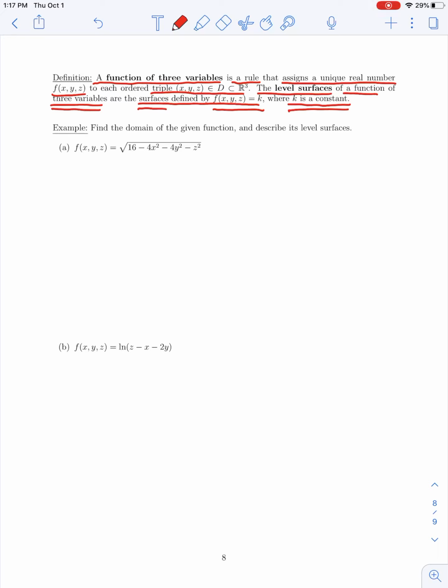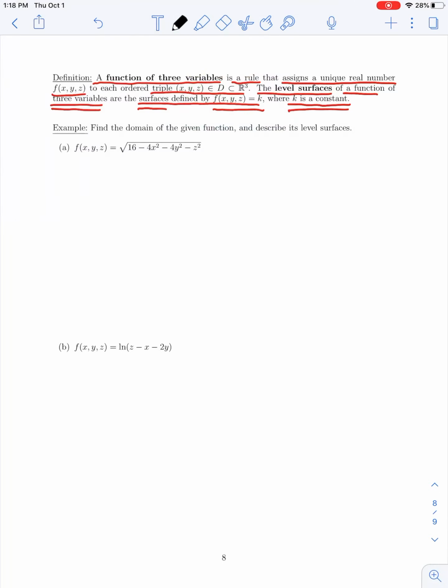So in our last example, we are asked to find the domain of the given function of 3 variables and describe its level surfaces. So in part A, we have the function f of x, y, z, defined as the square root of some polynomial of 3 variables.